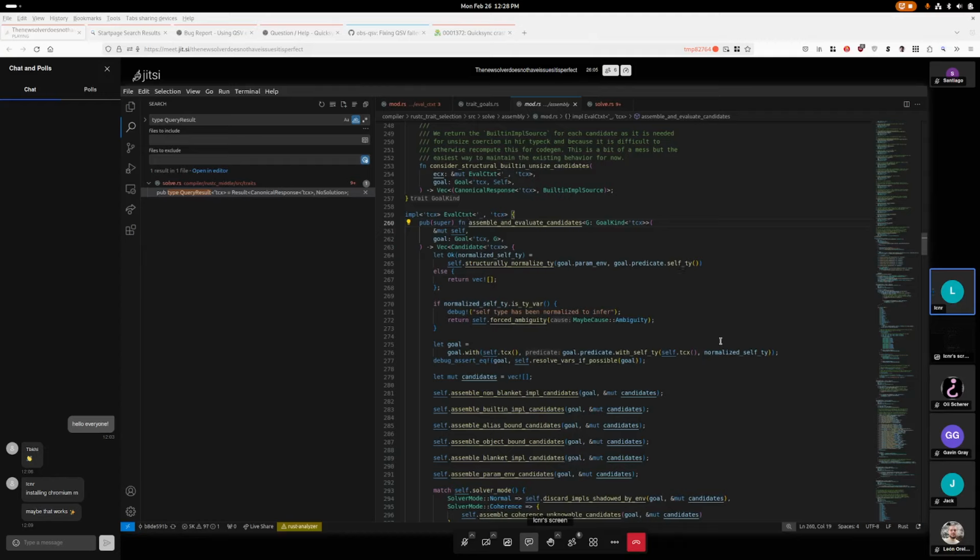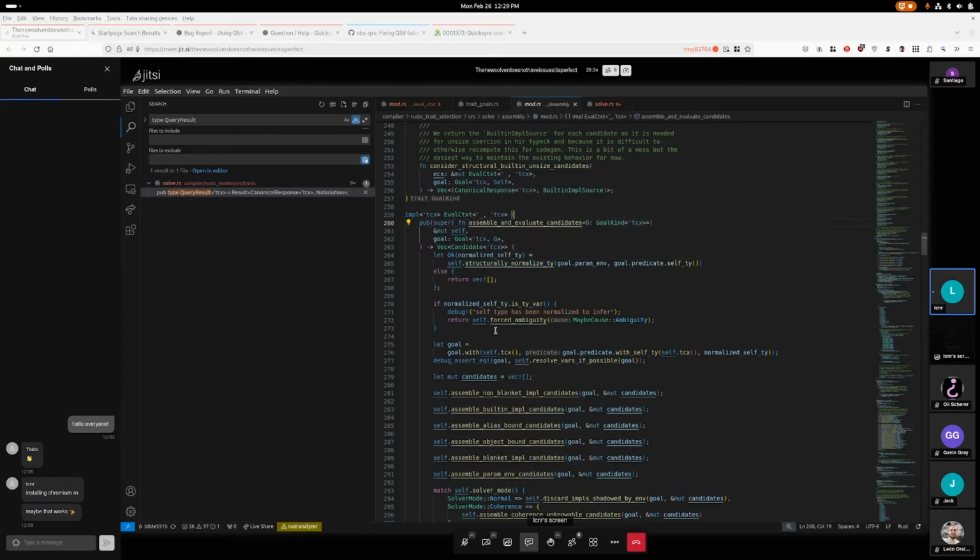We do that by trying to completely normalize the self-type, so structurally normalize the type. As long as the self-type is an associated type, we normalize it until it's either rigid, so we definitely know that it can't be normalized anymore, or until it's an inference variable and we pretty much have ambiguity here.